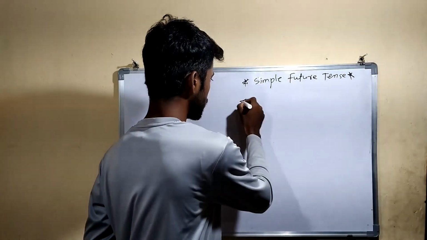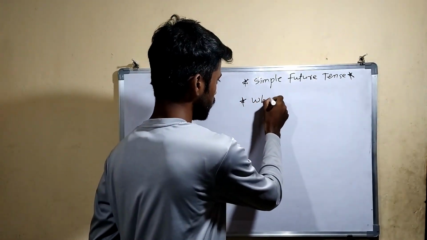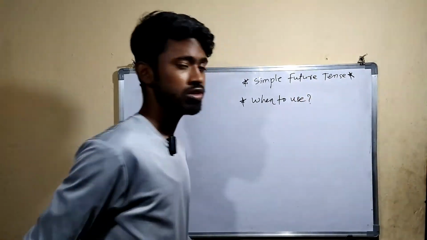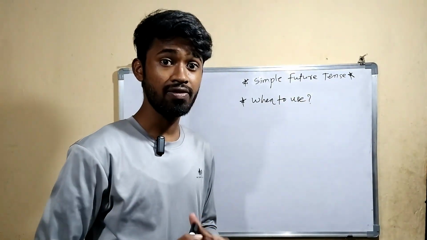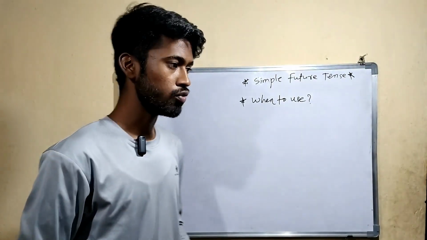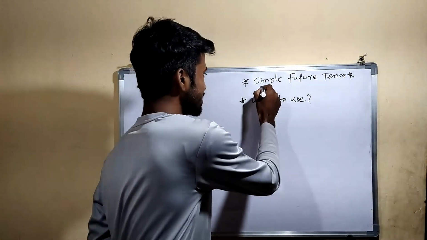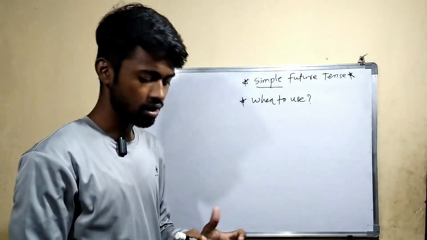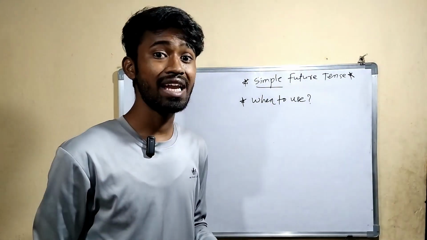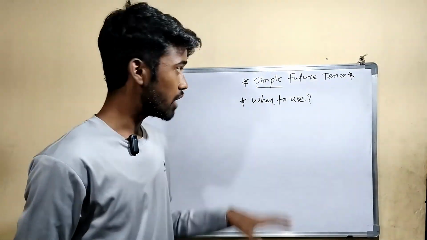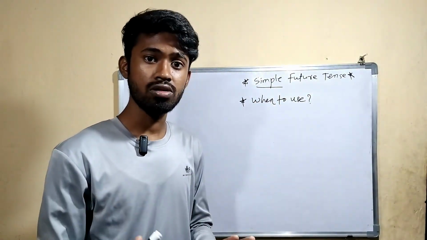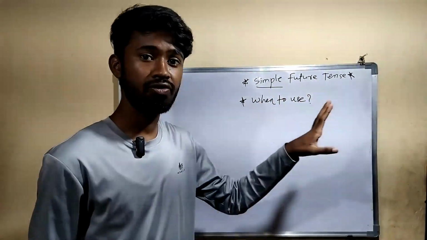First thing we will discuss is when to use it. Before that, let me tell you one more thing. Here I am writing simple, but in a few books you will get something else. Instead of simple you will get indefinite. Even if you get indefinite future tense, you have to think that it is the same as simple future tense.